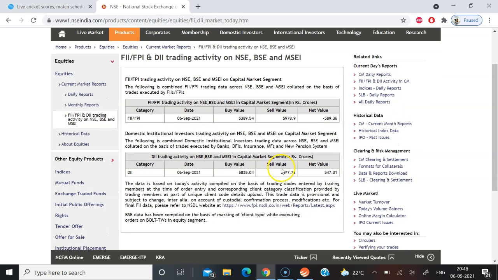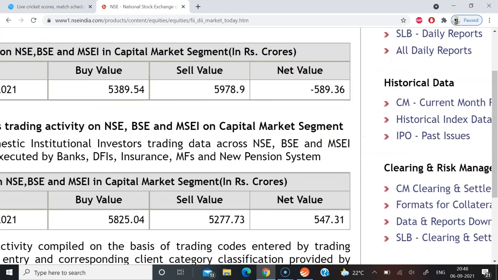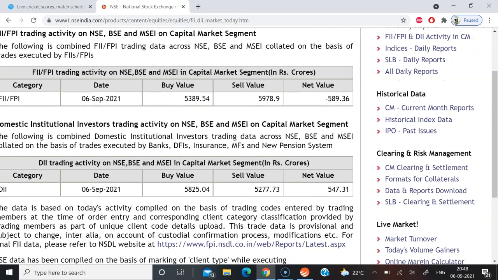First of all, if we see the FII and DII data here, over the last 10 days FIIs have bought, and that's the only reason it moved from 15,400 to 17,300 as of today.